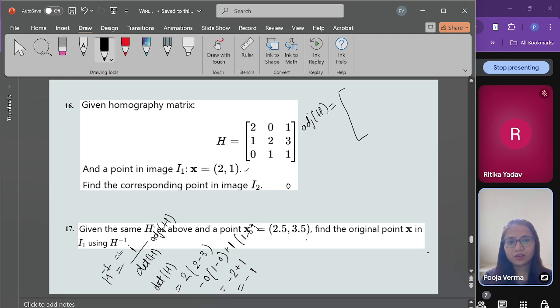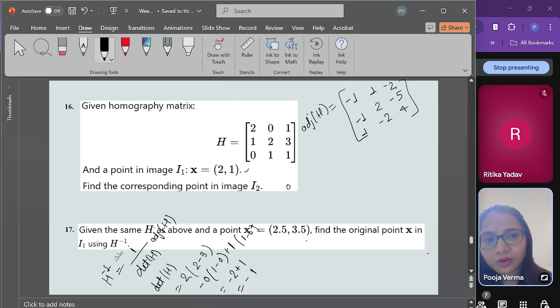You will get the adjoint of H. I have already done it, so I'm directly writing the adjoint of H here. You will get minus 1, 1, minus 2, minus 1, 2, minus 5, 1, minus 2, 4. Okay, this is it.